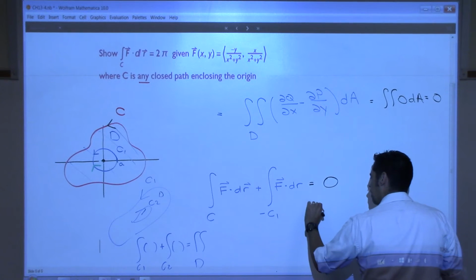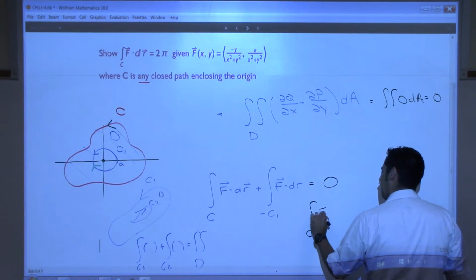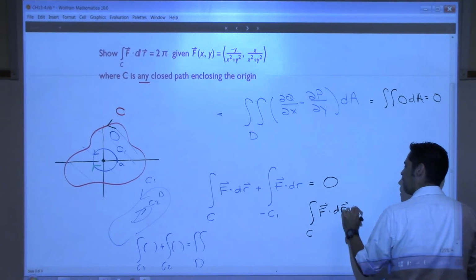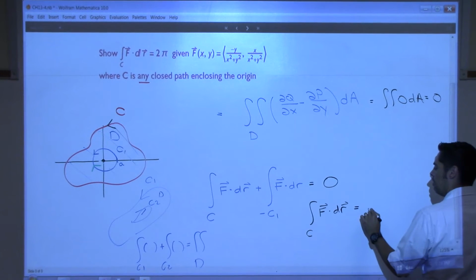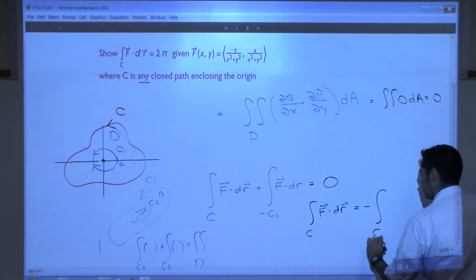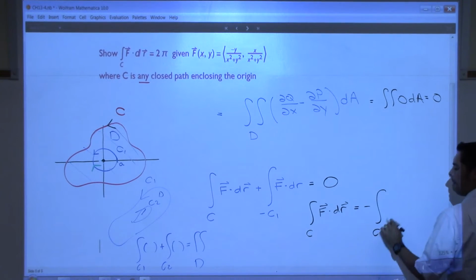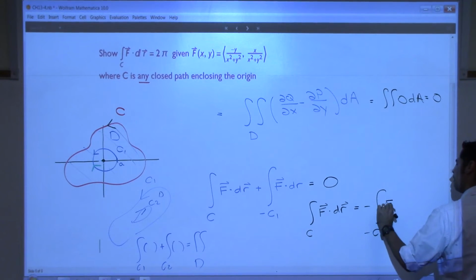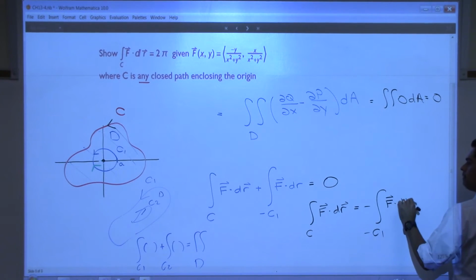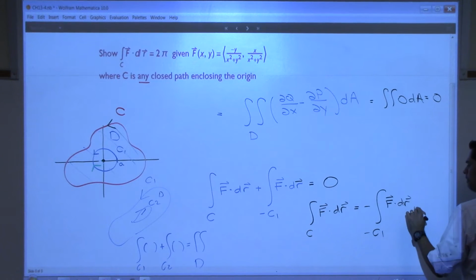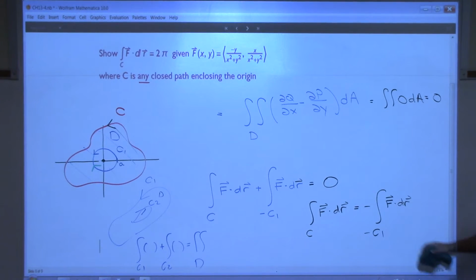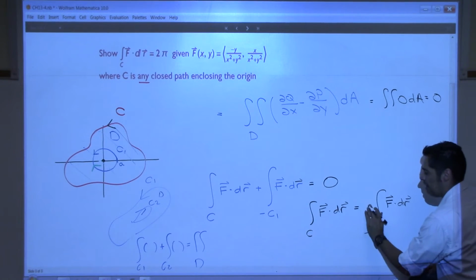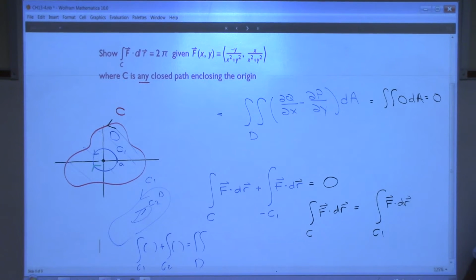So the line integral over C of F dot dr is equal to the negative of this, right? Yes? But taking the negative of this is the same as reversing the direction. So why don't I erase that negative and make that that?